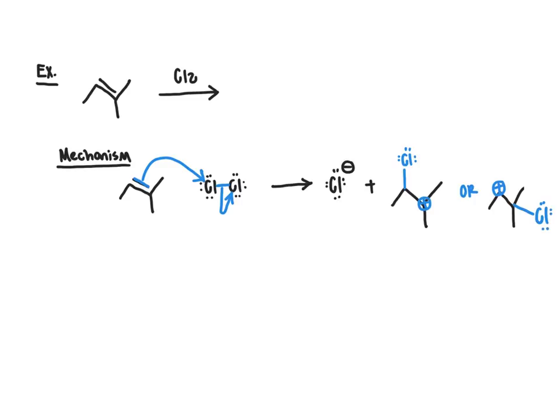Now, thinking about what you know about carbocation stability, you can hopefully predict that the carbocation on the left is going to be the more stable of those two carbocations, because they are essentially equivalent other than the fact that one of them has a carbocation that is a tertiary carbocation, that's the one on the left. The one on the right is just a secondary carbocation. So therefore, the more favorable of the two is going to be this one on the left. And so that's going to be the major carbocation that we would expect to form here.